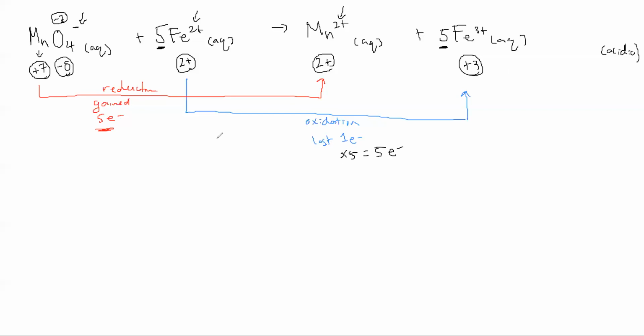We are happy. From here, I eyeball the equation to make sure they are fully balanced. 1 manganese, 1 manganese, 5 irons, 5 irons, 4 oxygens, no oxygens. Because we're in an aqueous situation, we can harmlessly pretend that there is a production of water without changing anything to the reaction.